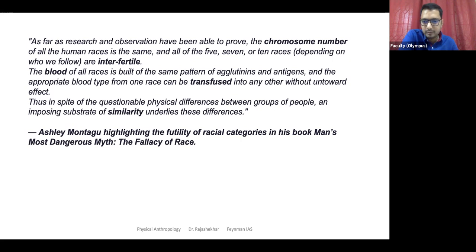So we have differences among us, but those differences are not different between different races. We're not saying all Africans are less intelligent and all Americans are more intelligent. That we cannot say. Within all of us, we have enough difference. That is what they're trying to say: within a group, there are more differences than between the groups.